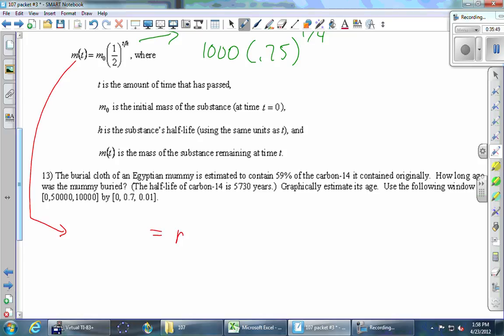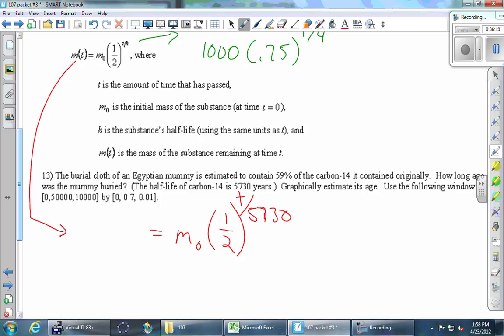I don't know what we originally had, but it was called M0. And then there's a half. And then there's a T, which I don't know how long this bone, or this mummy, this cloth has been in existence, but I do know what the H is. How much is H for carbon-14? 5,730. So that's the right-hand side.